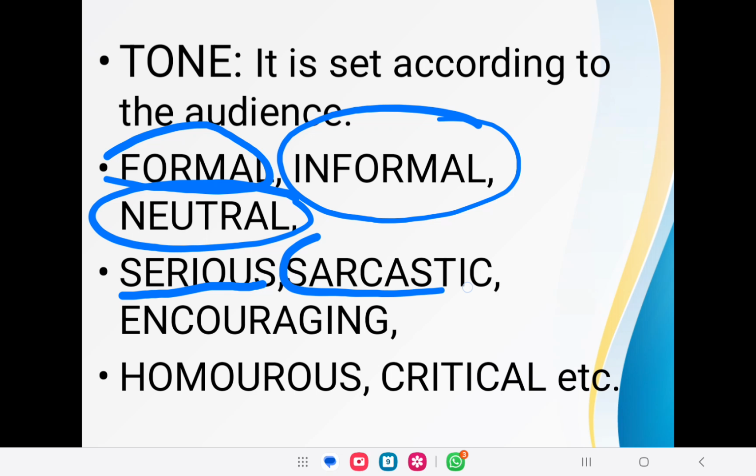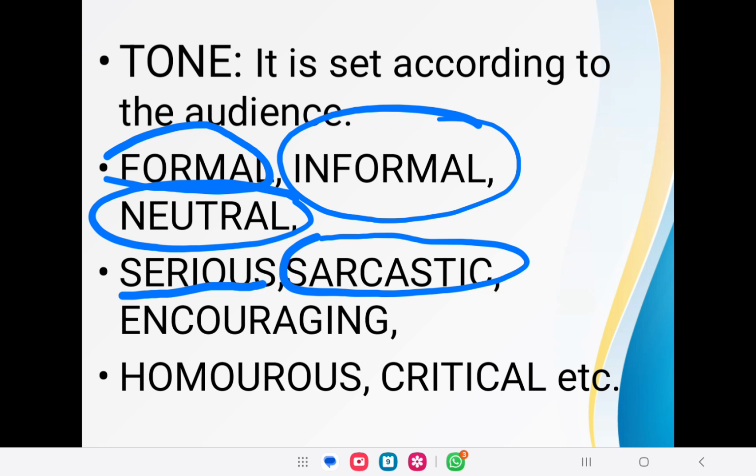Tone can be sarcastic if you are writing to someone, especially in the case of an informal letter, you can be sarcastic. Otherwise, there is a little bit of space for being sarcastic in an article, but otherwise, you cannot be sarcastic in a report, a formal letter, or email.